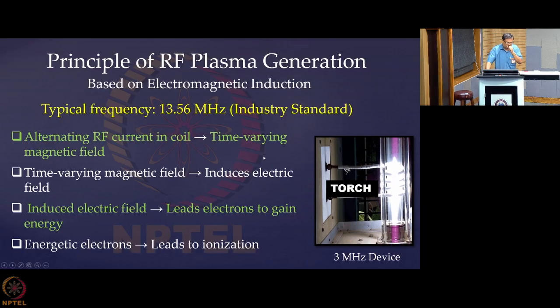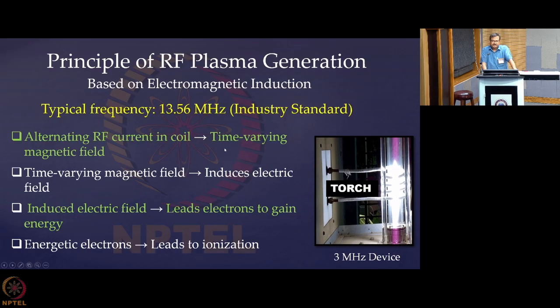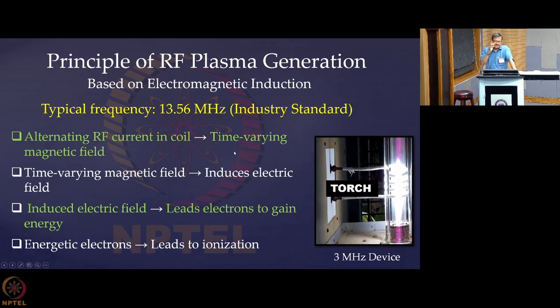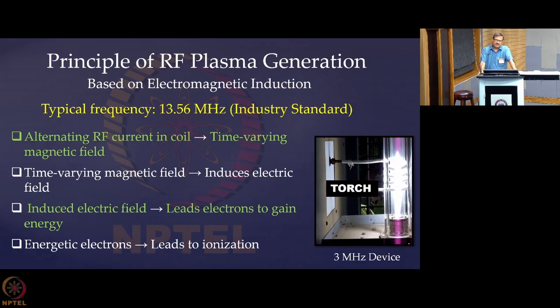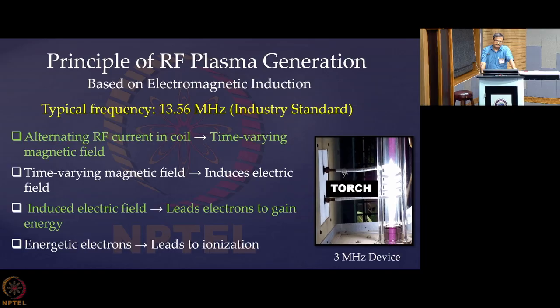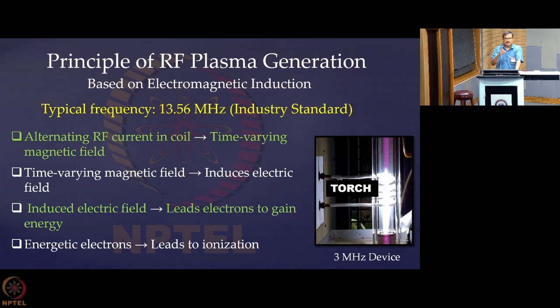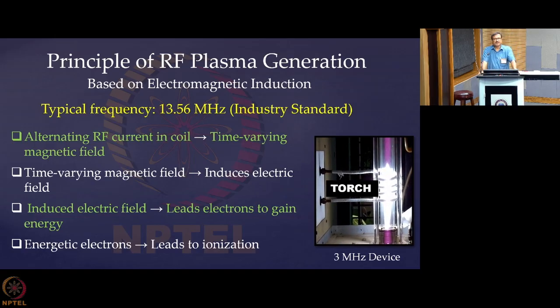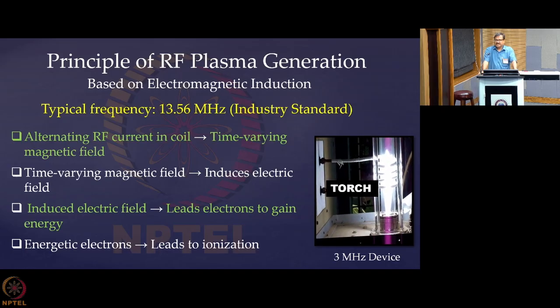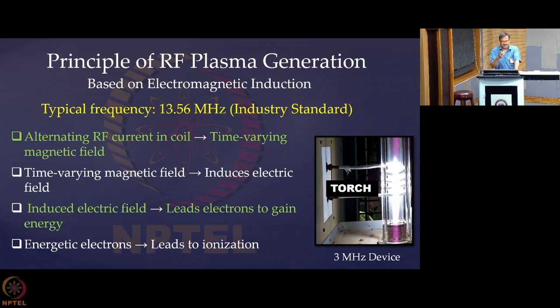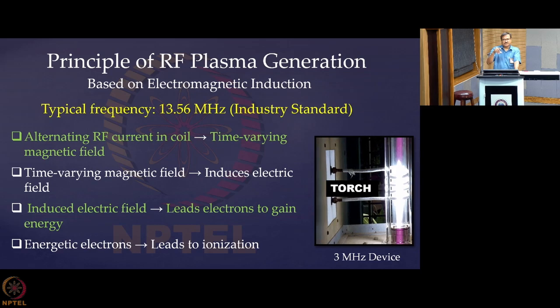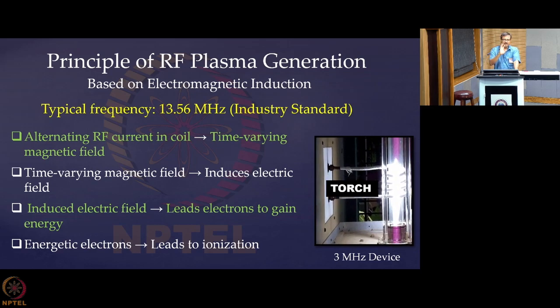So the electric field generated due to this changing magnetic field will be in the azimuthal direction, curl of E. And because B is switching, the electric field also will be switching.